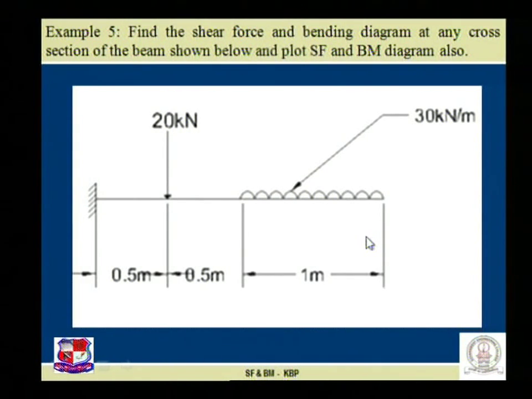It is a different issue for a simply supported beam and an overhanging beam, where the first step is to find the support reactions. But for a cantilever beam this is not compulsory. Still, let us find the support reactions by using the conditions of equilibrium.